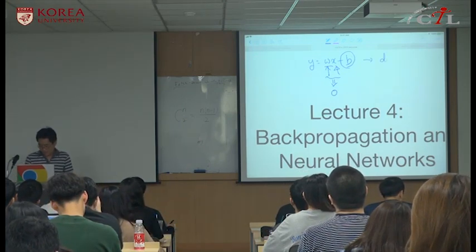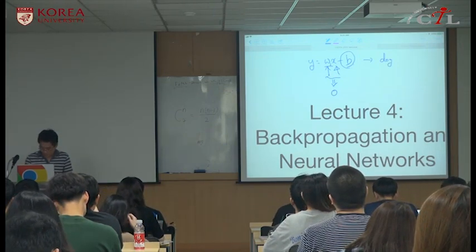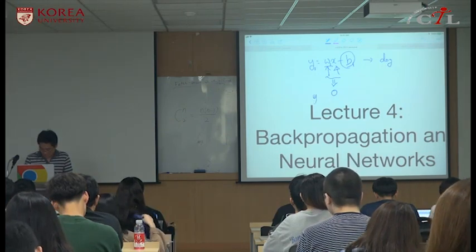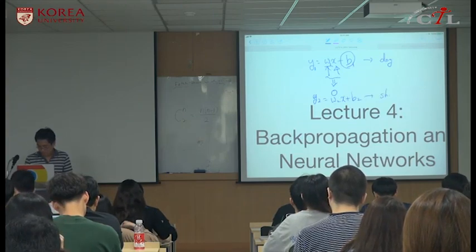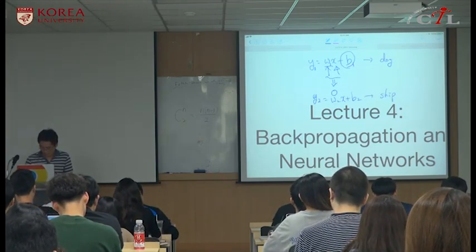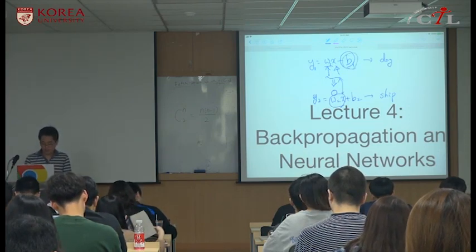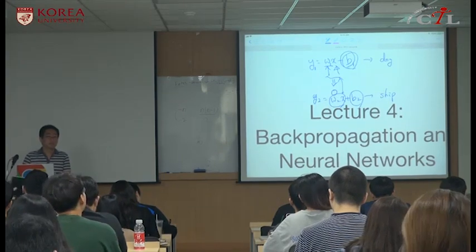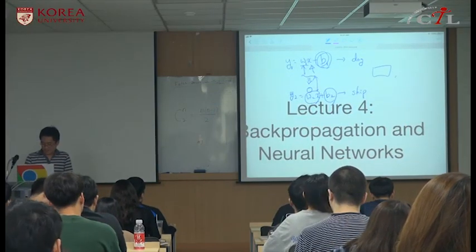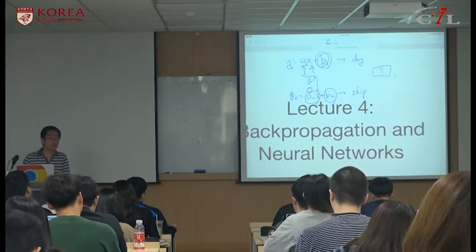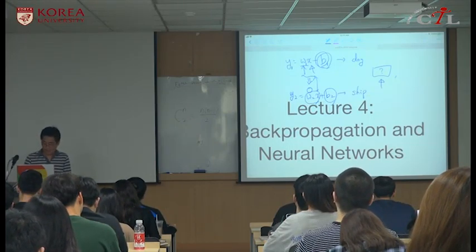Suppose this one, Y1 equals W1 X plus B1, corresponds to the dog, and Y2 equals W2 X plus B2 corresponds to sheep. If those two products are roughly 0, then B1 and B2 will work as the input to our softmax layer, and that was one of our quiz problems.